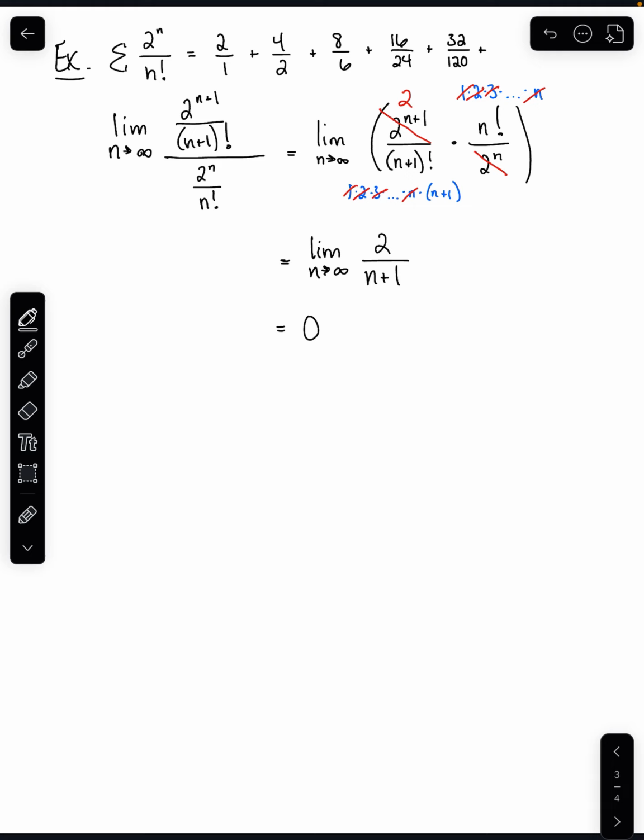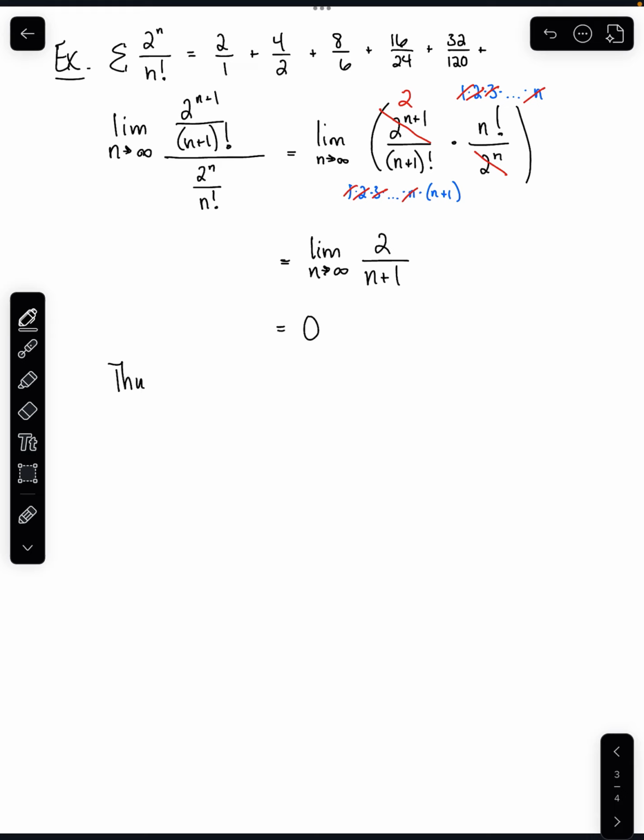And therefore, the ratio of the terms also is going to drop to 0. Because the terms are shrinking so fast, the next term is going to be so much smaller than the previous one that the ratio of them will continue to shrink as you go. And that's what leads that limit to be 0.